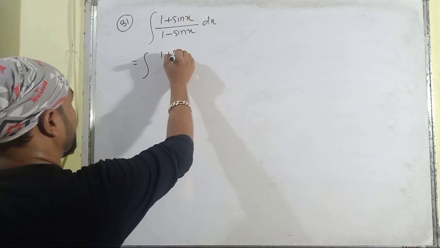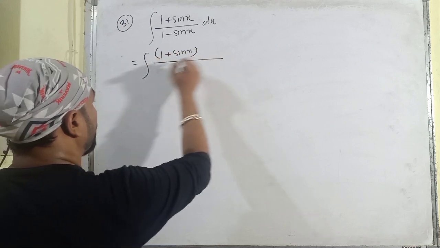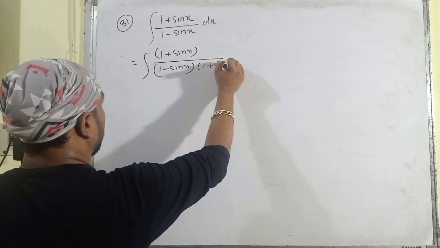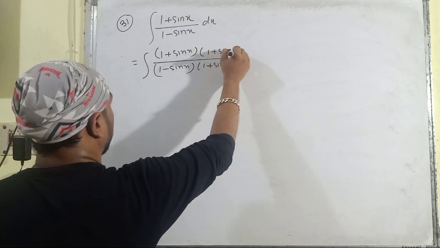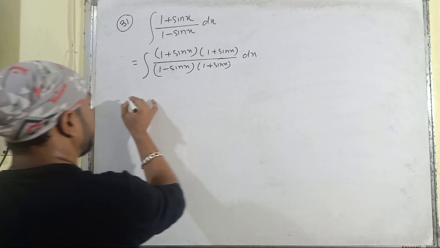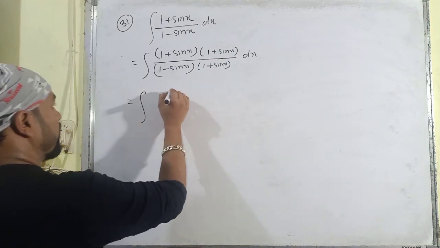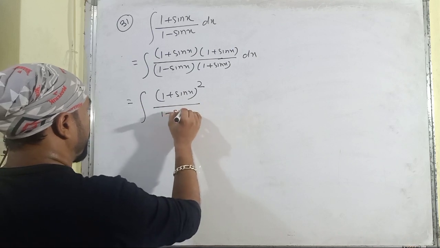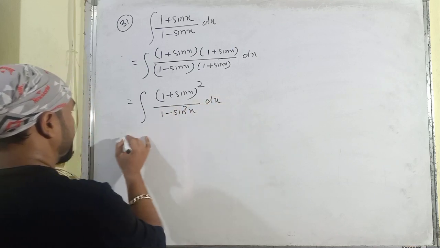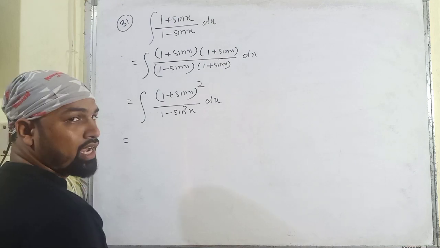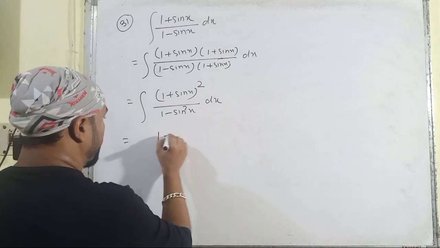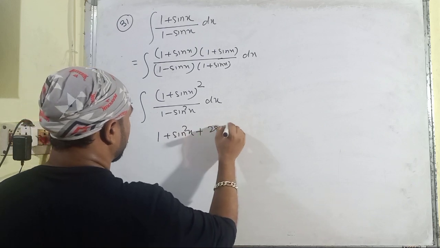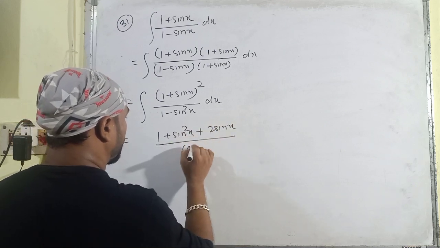Just multiplying 1 plus sin x to both numerator and denominator, the numerator will be in the form of whole square of 1 plus sin x. The denominator will be in the form of 1 minus sin square x. So by applying the algebraic identity of whole square of a plus b, it will be 1 plus sin square x plus 2 sin x whole divided by cos square x.